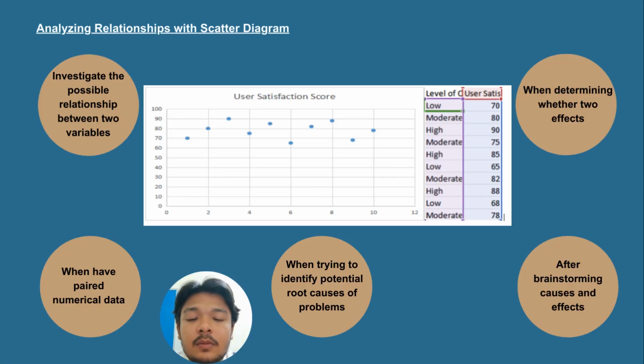A scatter diagram is a visual representation that allows us to examine the relationship between 2 variables. It helps us identify patterns, trends, and potential correlation in our data, providing valuable insight for decision making.